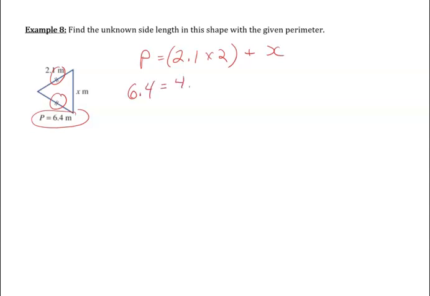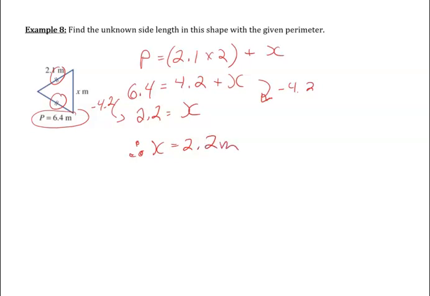Equals 4.2 plus the unknown. So all we do is do our algebra, and we'll subtract 4.2 from both sides. Geek, geek. So therefore, x is equal to 2.2, what are they? Meters.